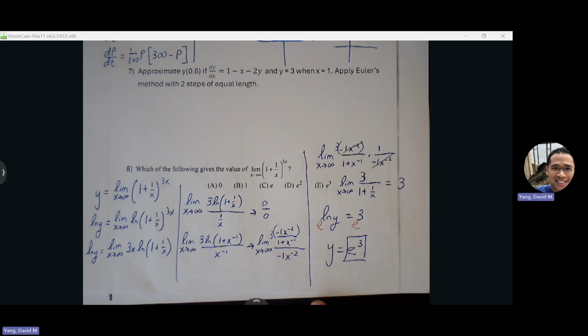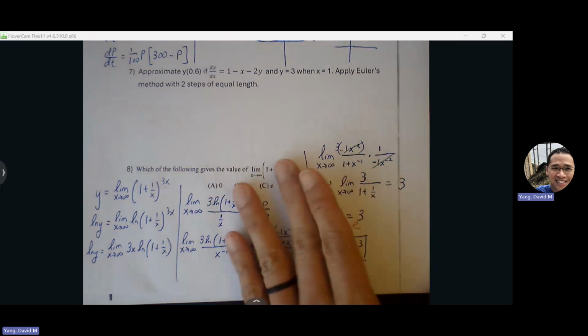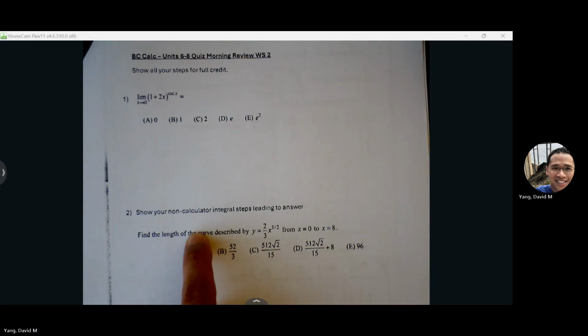The only thing I didn't put on this worksheet is the arc length formula, but I have that showing up later in worksheet 2. What's the trig identity I showed the other day? Oh, right. Sine squared plus cosine squared equals 1. That's right. Yeah. So we should know that one.